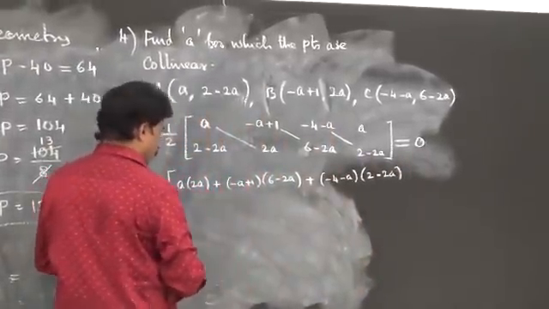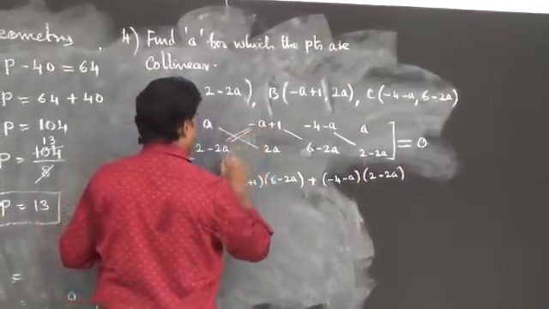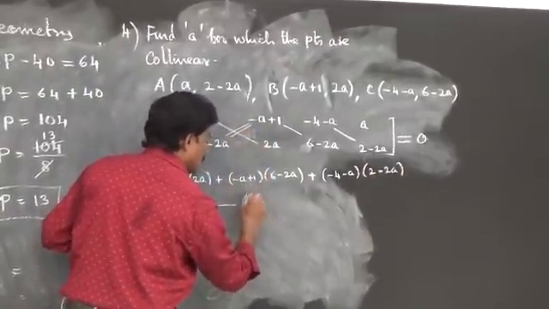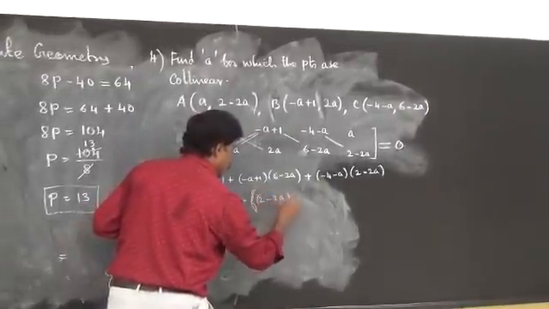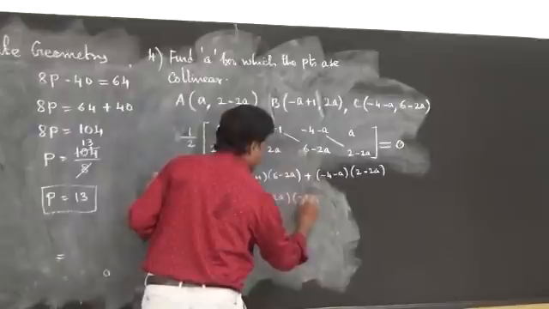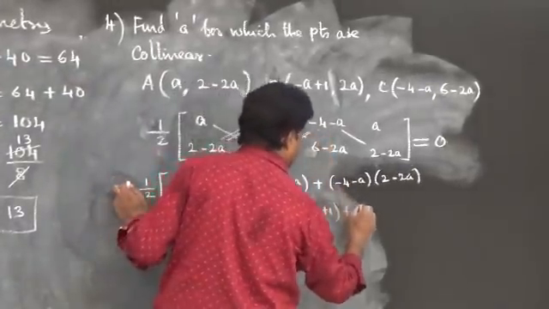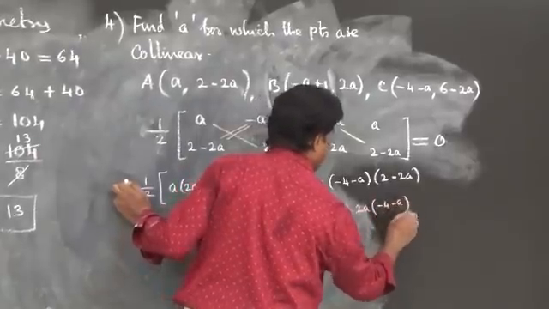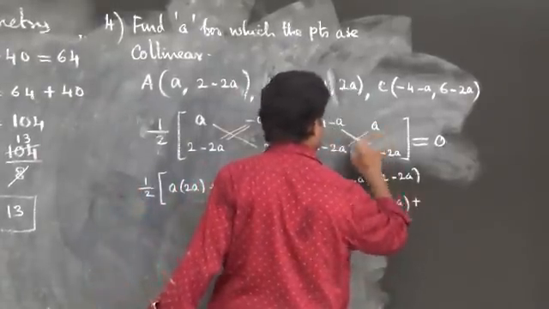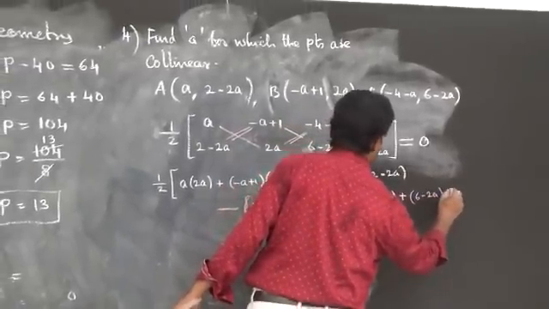Now bottom: minus, 2 minus 2a into minus a plus 1, plus 2a into minus 4 minus a, plus 6 minus 2a into a.